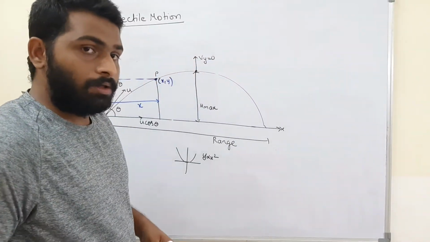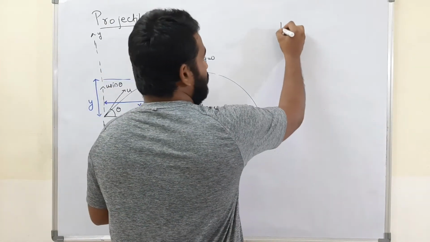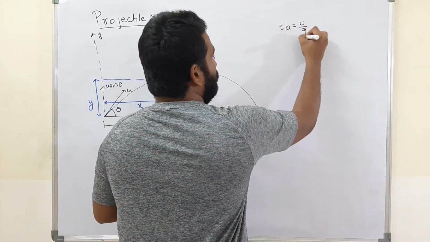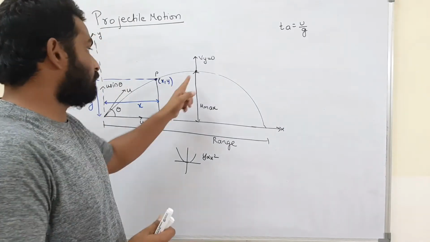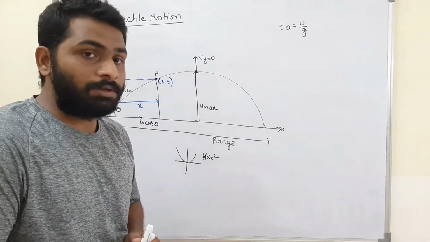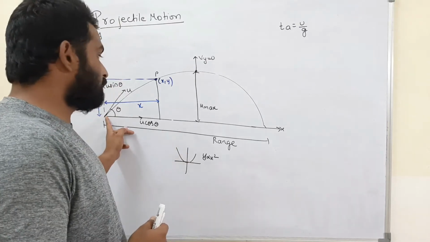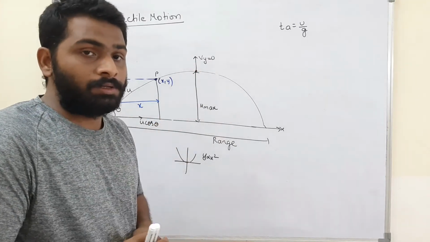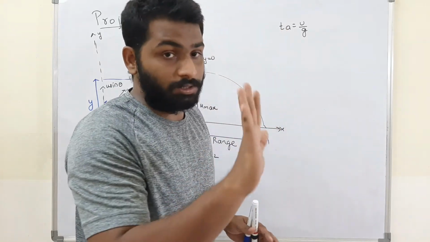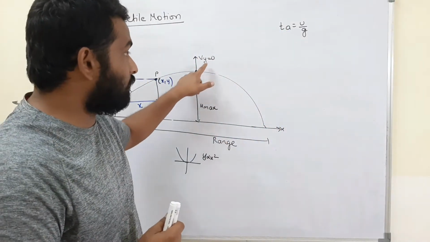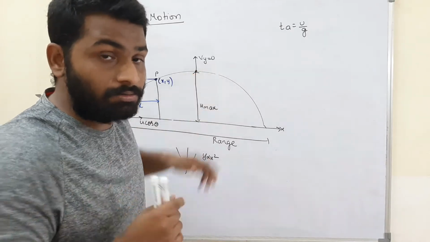Now I told you that in a vertically projected body, the time of ascent is u by g. Now what is the time taken by the body to reach from here to the maximum height? The body is moving vertically only because of vertical velocity. At the maximum height, the vertical velocity is 0.